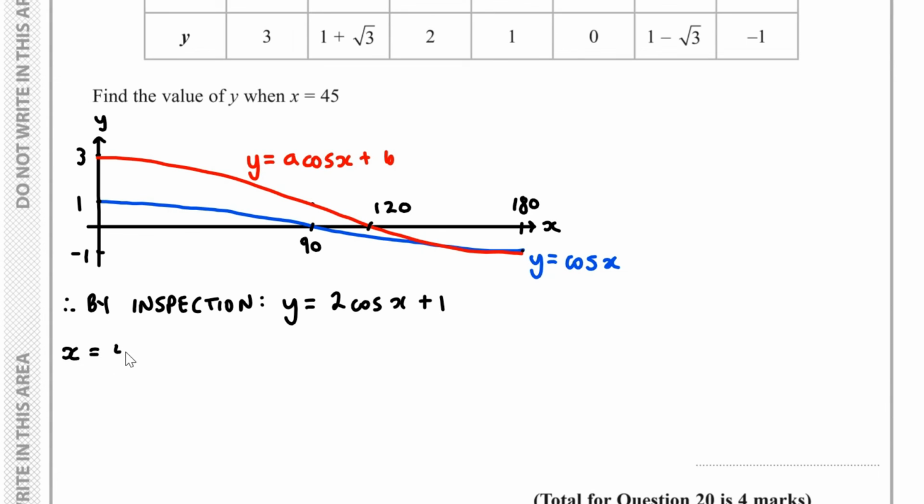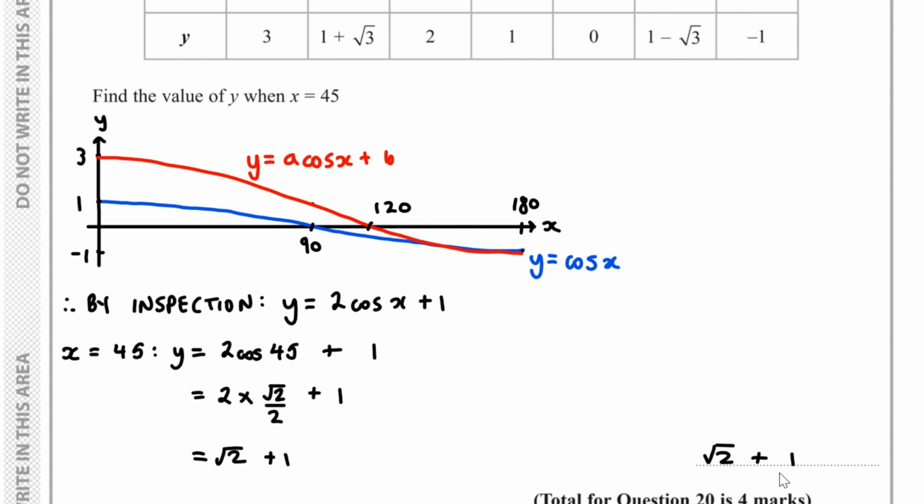So when x is 45, the corresponding y coordinate is 2 times cosine of 45 plus the 1. So we've got 2 times, well, cos 45 is root 2 over 2. And then we add on the 1. And the 2's here cancel. So we're left with root 2 plus 1.